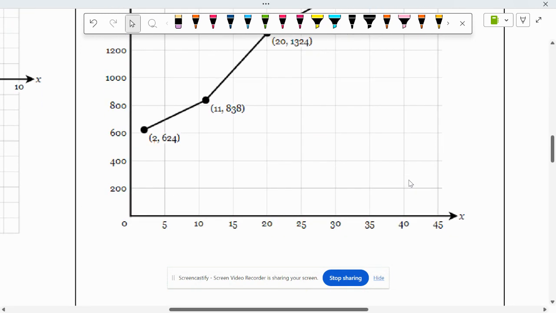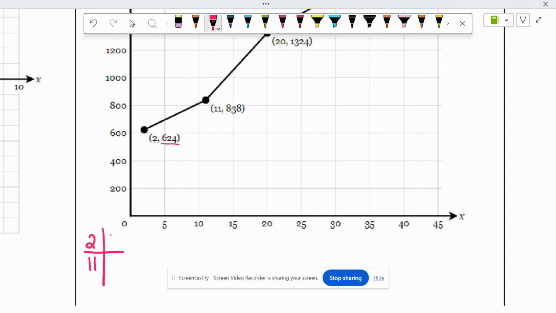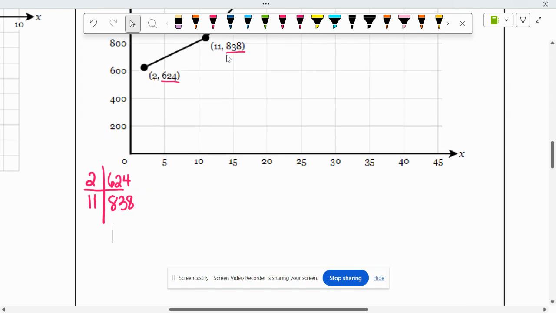So when I look at this first one, I want to figure out what happens when x is 2 and what happens when x is 11. Well, when x is 2, my output is 624. And when x is 11, my output is 838. So is y getting bigger or is it getting smaller? It's getting bigger.